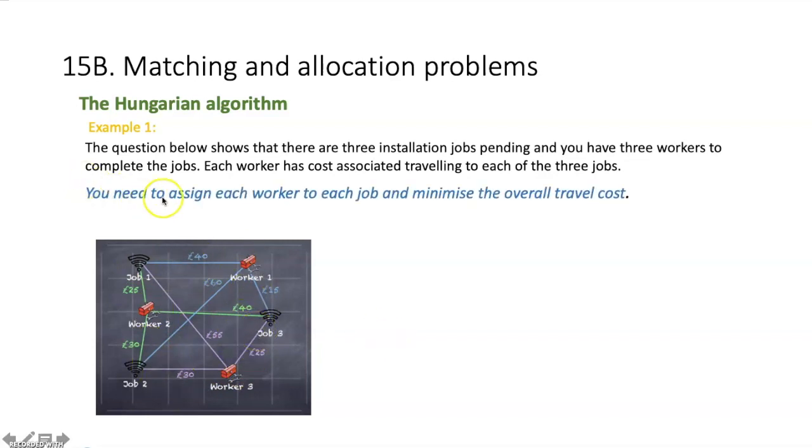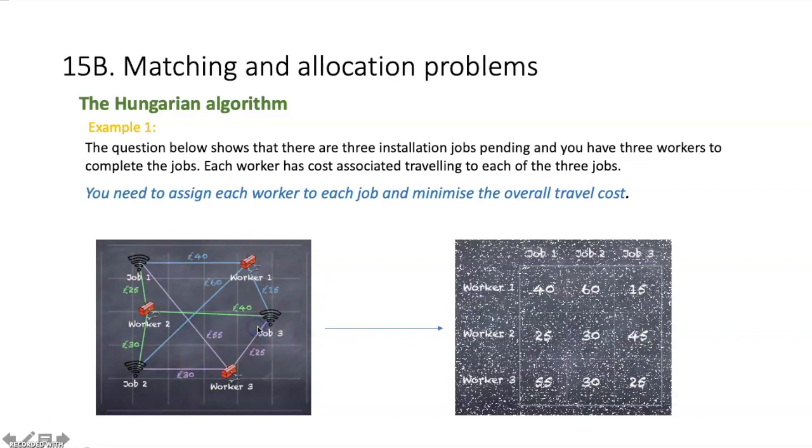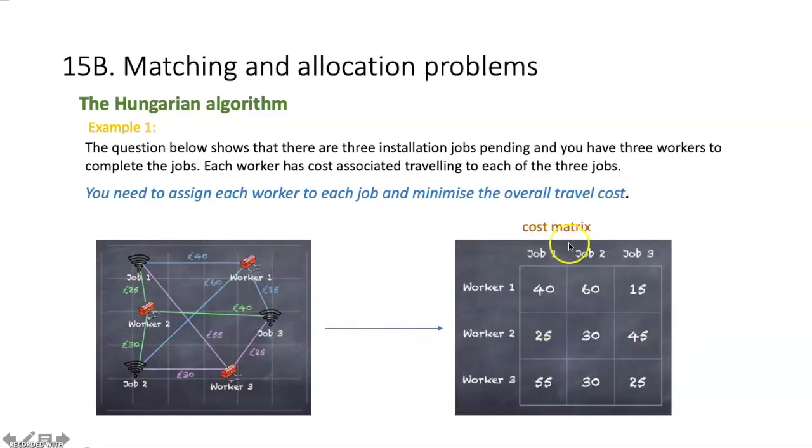Okay, so you need to assign each worker to each job, and then you need to minimize the overall travel cost. So what we are going to do first is to summarize the information in this weighted network in a cost matrix. So this table is called a cost matrix.